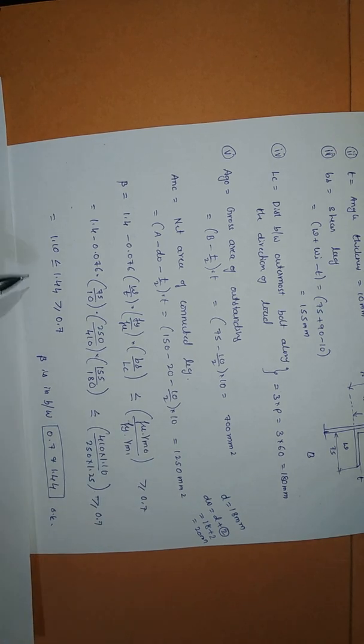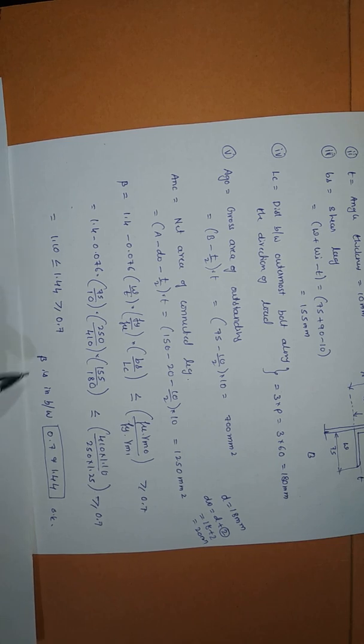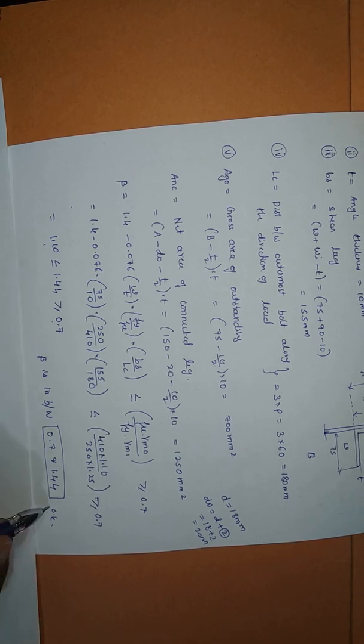If we calculate, we get 1.10 less than or equal to 1.44, and greater than or equal to 0.7. That means beta should lie between these two values, 0.7 and 1.44. That is okay.